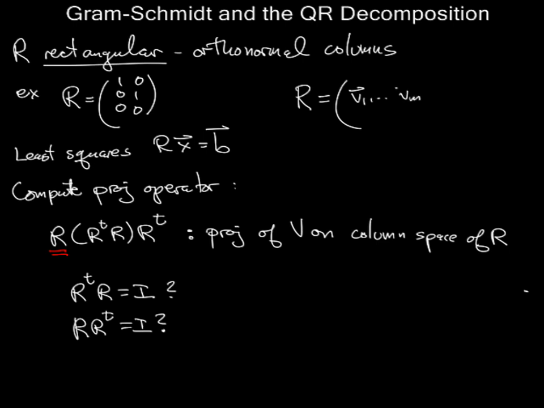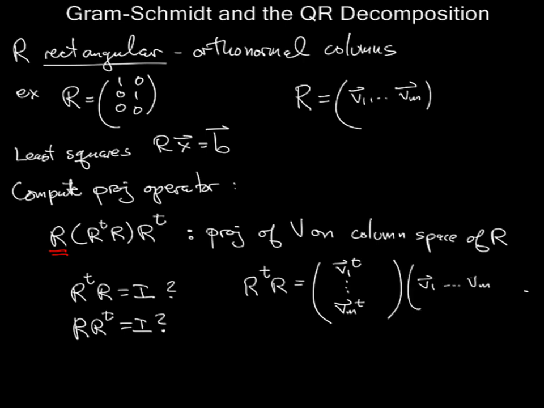If R is written like this as a bunch of column vectors, then R transpose R is a bunch of row vectors and then a bunch of column vectors. And when you take this product, all of these rows dot with all of these columns, and since it's orthonormal, indeed you do get the identity.